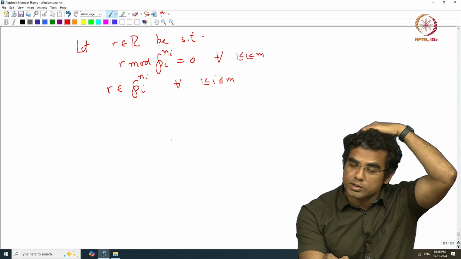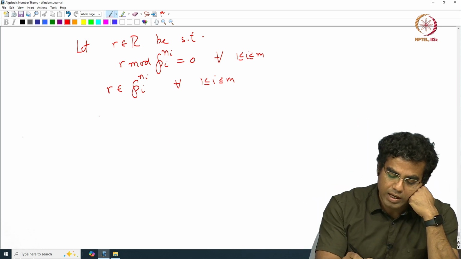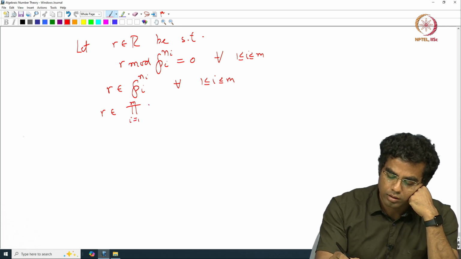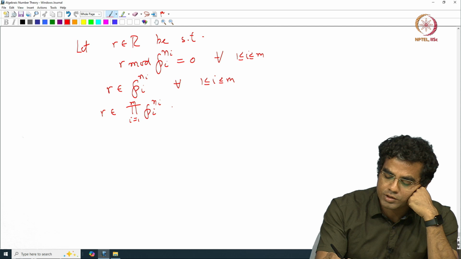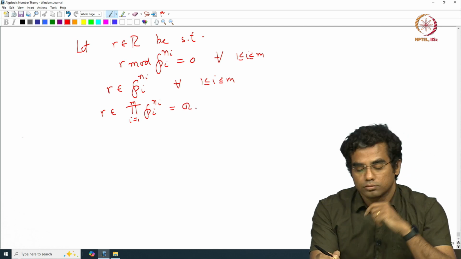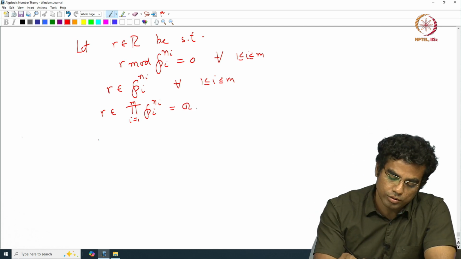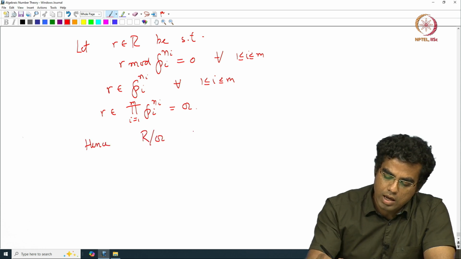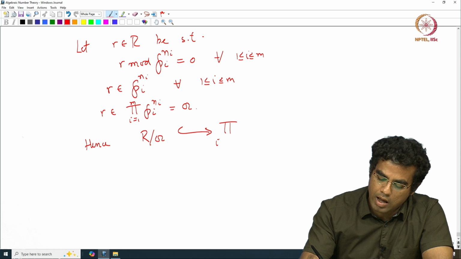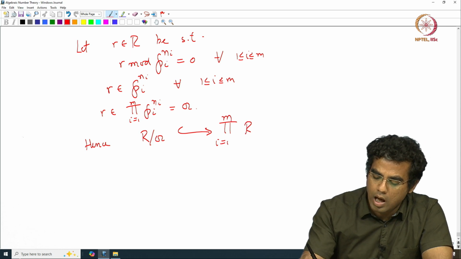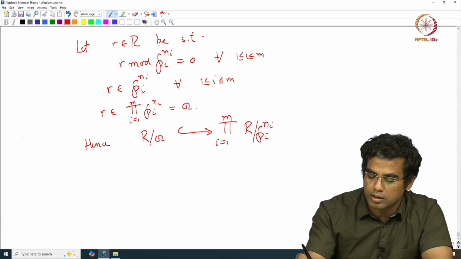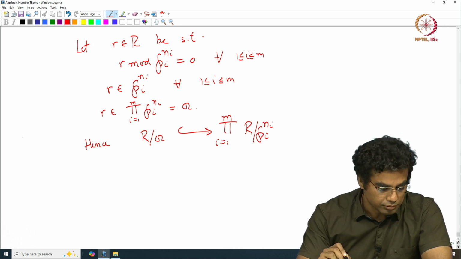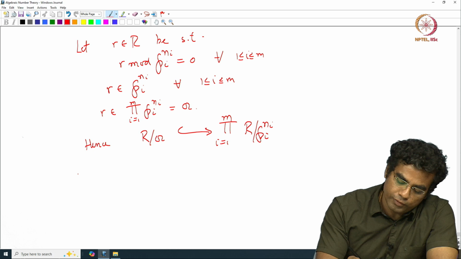But again, because these Pi's are distinct, this means that r belongs to the product, which is equal to A, right. And so, hence, R mod A injects into the product i going from 1 to m of R modulo Pi to the Ni. Okay. So, this hooked arrow means injects, injectivity, all right. So, now I want to prove surjectivity.